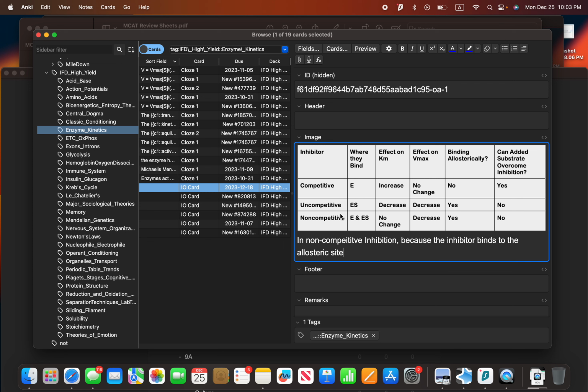But for non-competitive, the Vmax would still be reduced, but the Km is not going to be affected anymore because regardless, those substrates are going to sit on the active site.